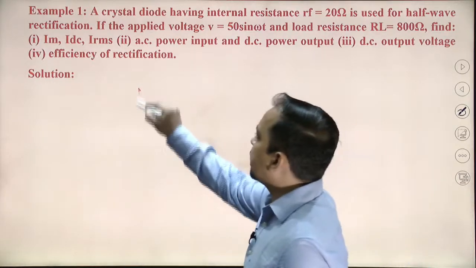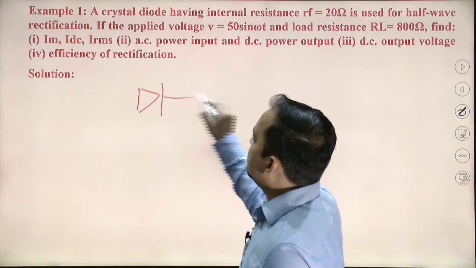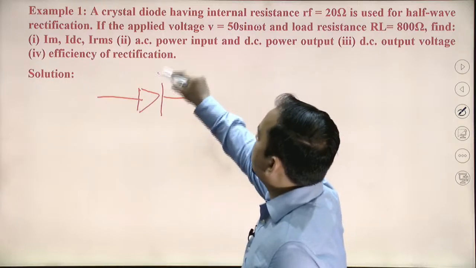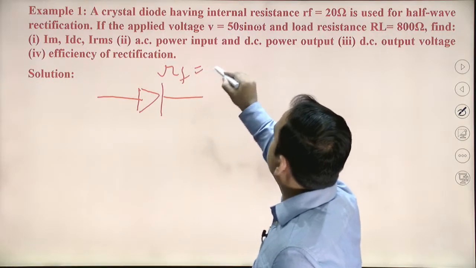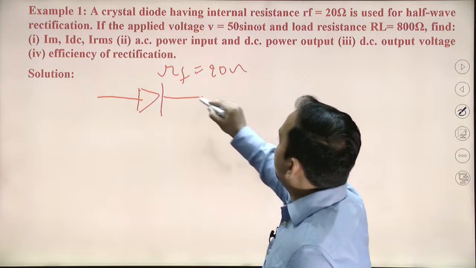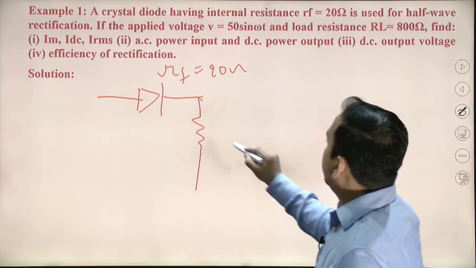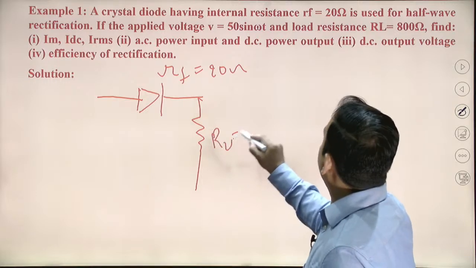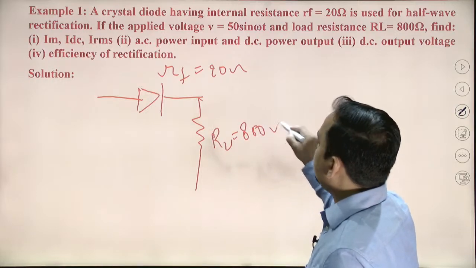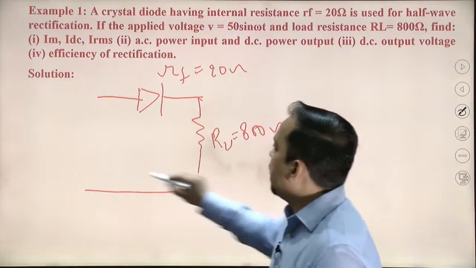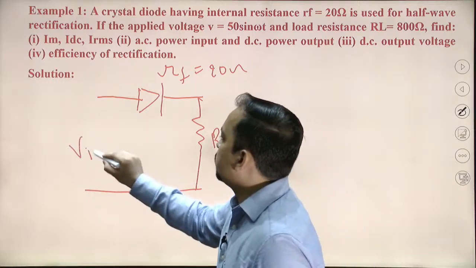So we can draw the circuit first: we have a diode whose resistance RF is 20 ohms, we have a load resistance RL of 800 ohms, and here we are applying the input signal.